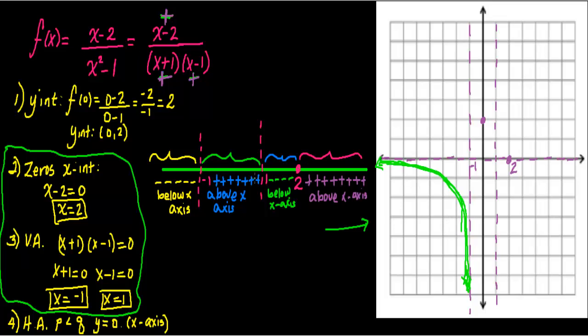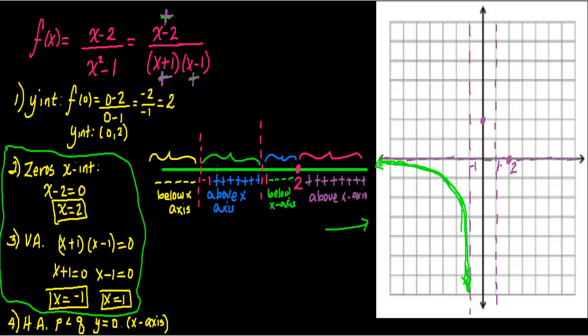Now I go to my second interval. It says that the graph will be above the x-axis. And notice that the second interval is the interval in between the two walls. So here it is in my graph, this space in between -1 and 1, is where I'm going to move next.